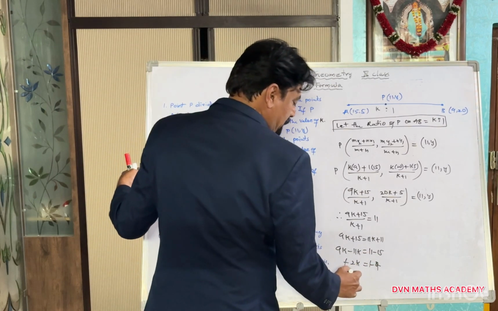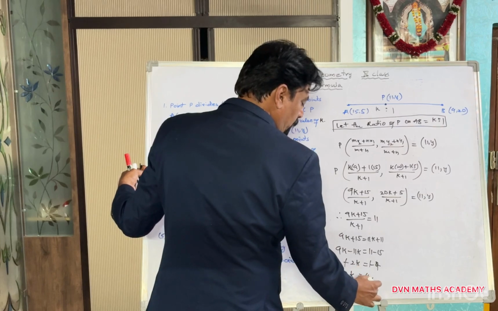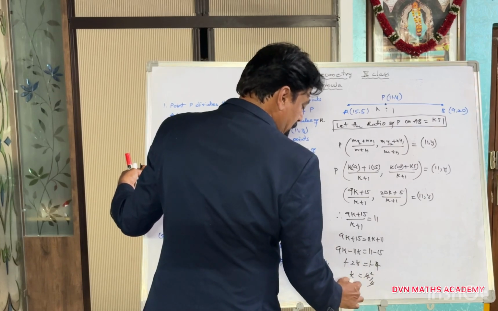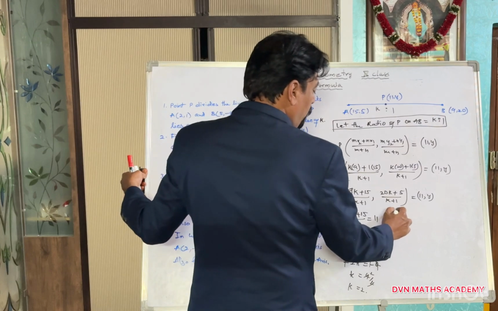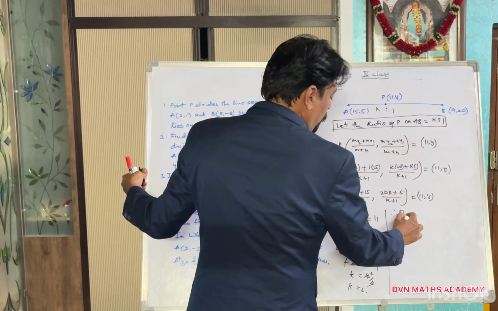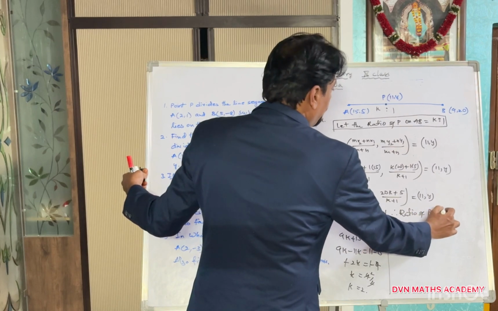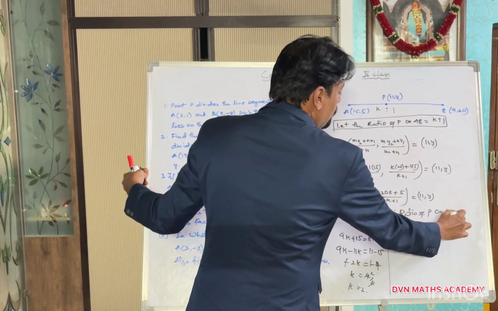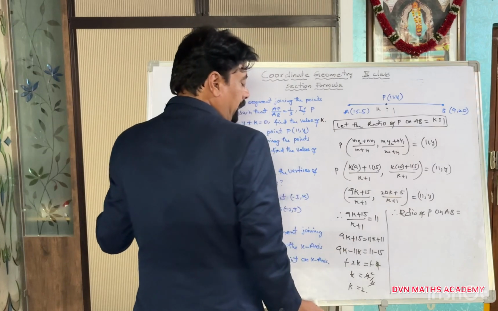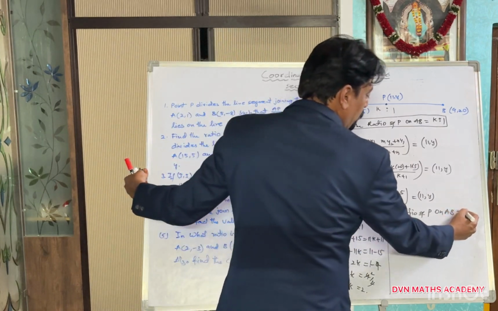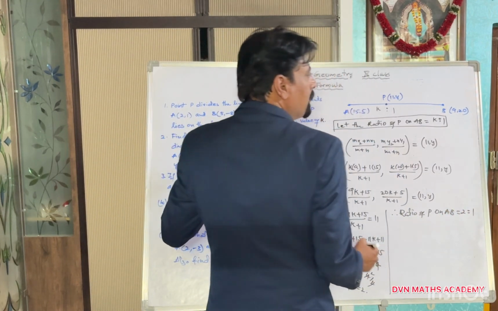Minus minus cancel, K is equal to 4 by 2, so K is equal to 2. Therefore, the ratio of P on AB, we assumed K:1, and my K value I got is 2, therefore the ratio is 2:1.